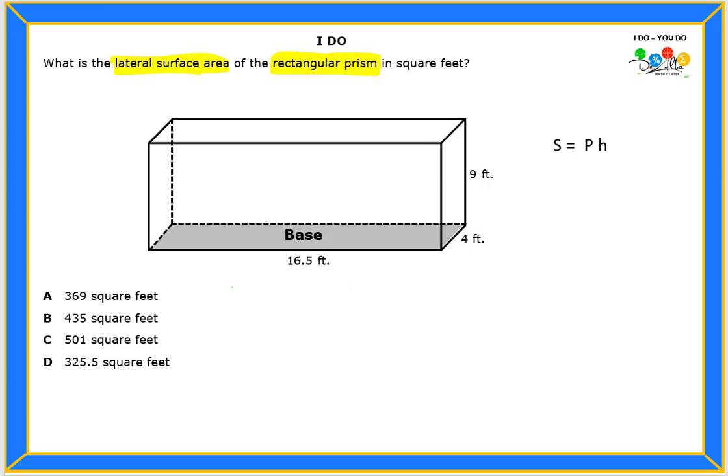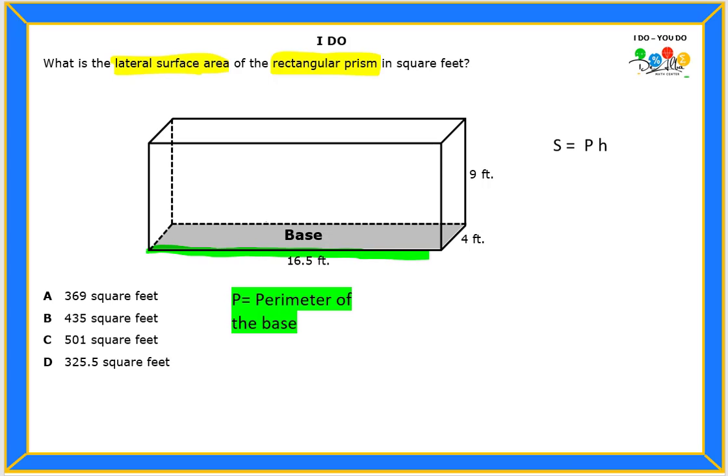So let's see if we can find the perimeter for my base, right? So remember, the perimeter means the distance around the shape, right? So what we're gonna do is we're gonna highlight the perimeter for my base. Okay, so let's highlight my perimeter.